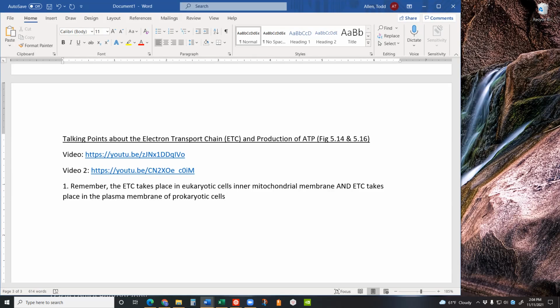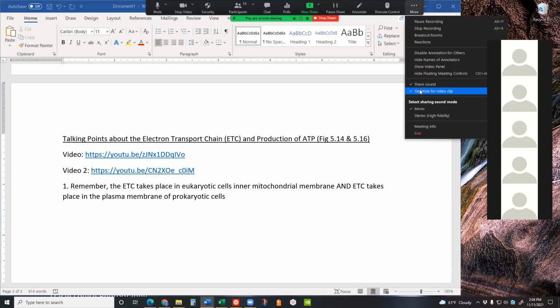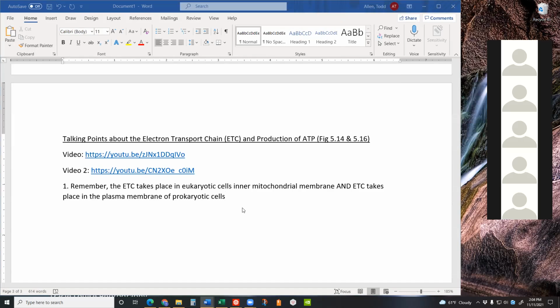Of course, you remember from exam 1 that the endosymbiotic theory suggests that mitochondria really are primitive forms of bacteria. Okay. All right. So that's the first thing. The electron transport chain takes place in the inner mitochondrial membrane of a eukaryotic cell, like our own human cells. And in bacteria, it happens in the plasma membrane.